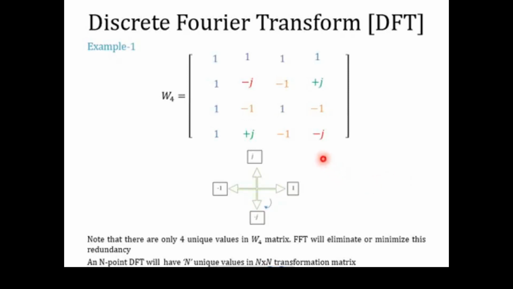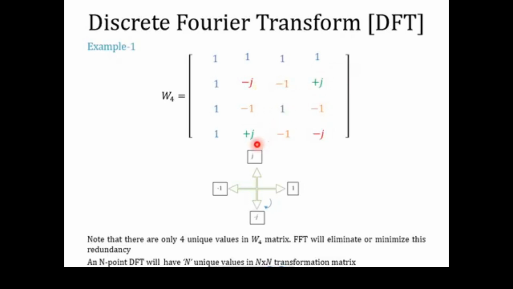Another important observation about this W4 matrix is that if you observe the values closely, you will find only 4 unique values in this matrix, which are 1, -1, -j, and +j.